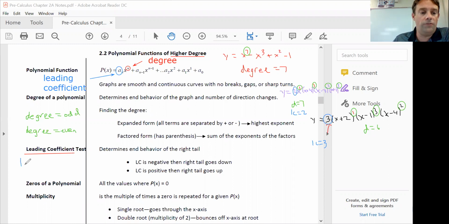So our leading coefficient could be a positive number. Or our leading coefficient could be a negative number.